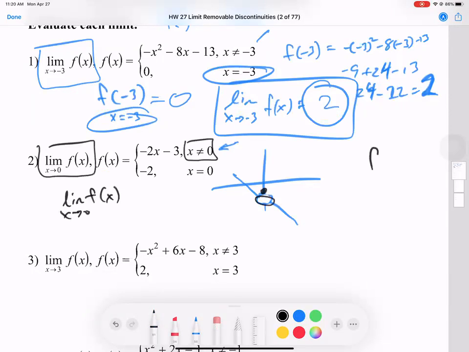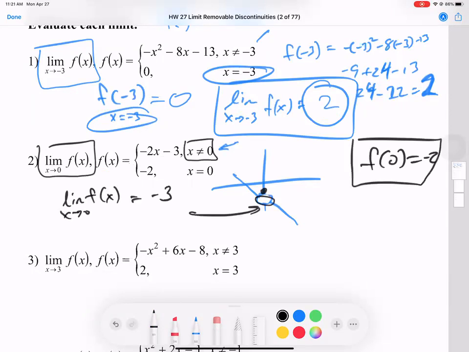Well, f at 0 should be negative 2. That's what the second condition said. But I don't want to know what it is. I want to know what it should have been. Ignoring this now, it should have been, when I plugged in 0, negative 3. And that's what the graph looks like. It looks like it should have been negative 3. What is it in actuality? Negative 2. But it should have been negative 3. That's actually where the hole is.